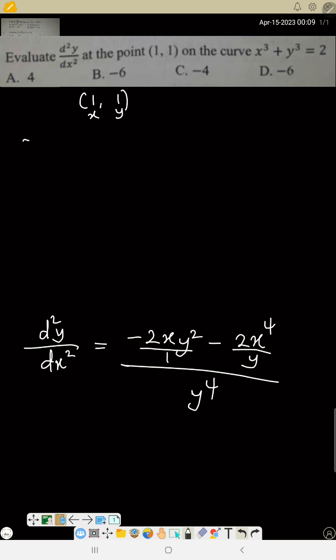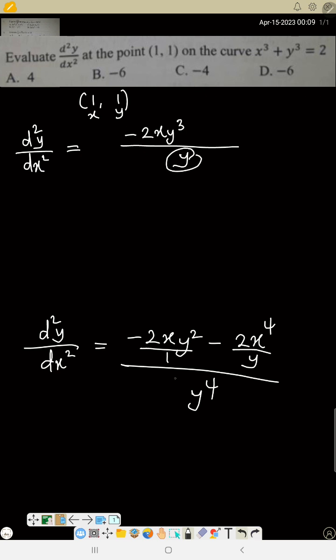So we have d²y over ds² equals, now find the LCM of the terms. So this will become y, so that will be minus 2sy³.